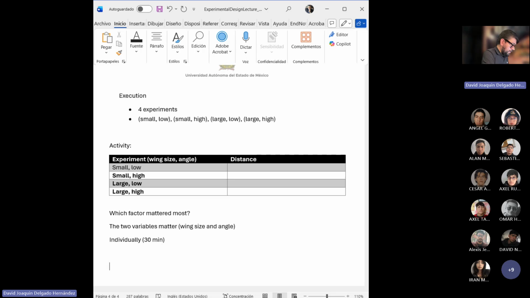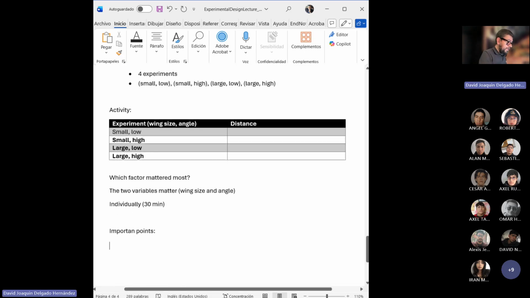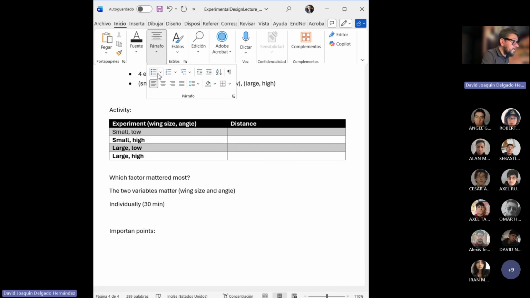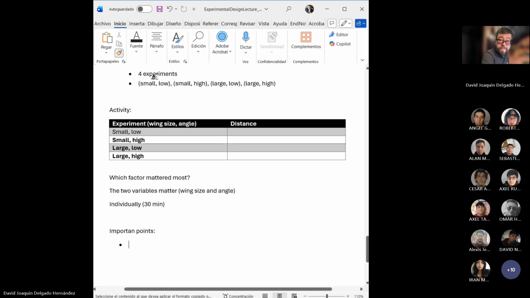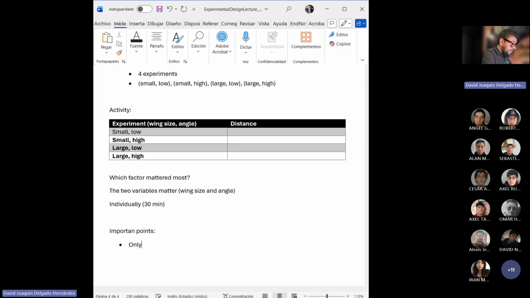Here's one important point. So in first place, we should say that in this particular experiment, only extreme values are used.